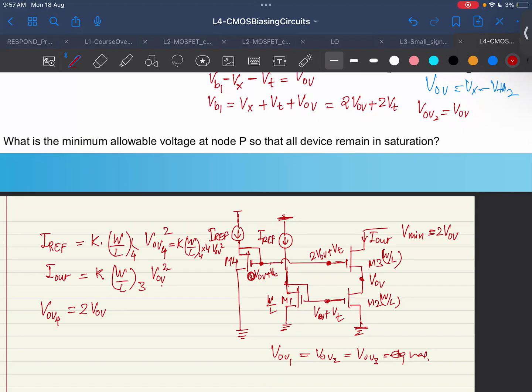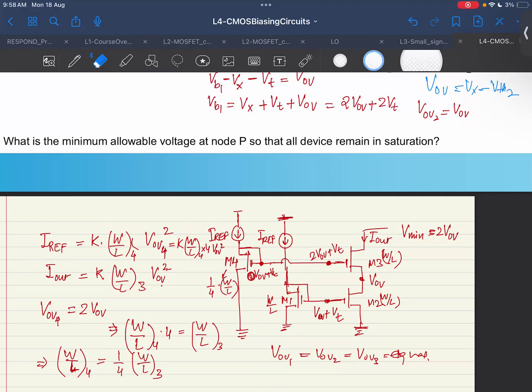So the only choice I have is that 4 times W by L4 becomes equal to W by L3. This means your W by L4 would be equal to 1 by 4 of W by L of 3. So if I design this transistor to be 1 by 4th of W by L of the other transistors, then I can achieve the voltage at this node to be 2 VOV plus VT.